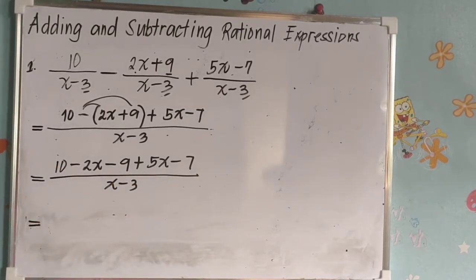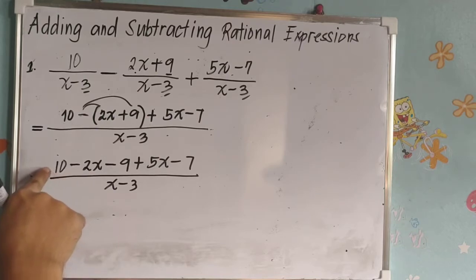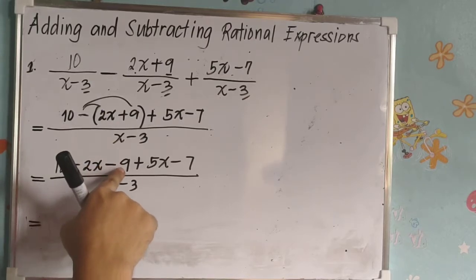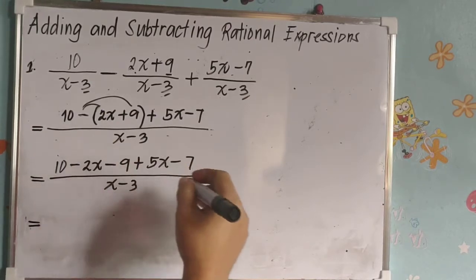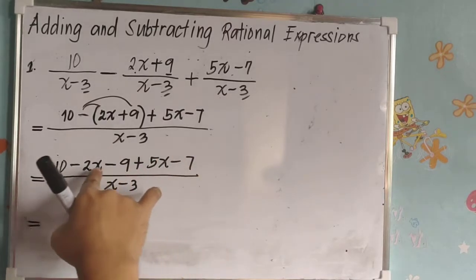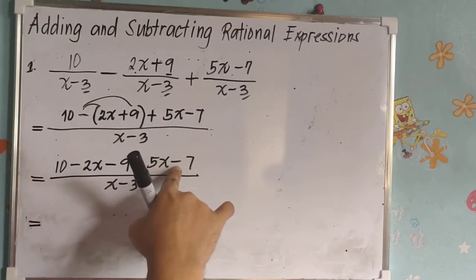And simplify further by combining like terms. So let's combine first all the numbers. So we have 10 minus 9, which is 1, minus 7.